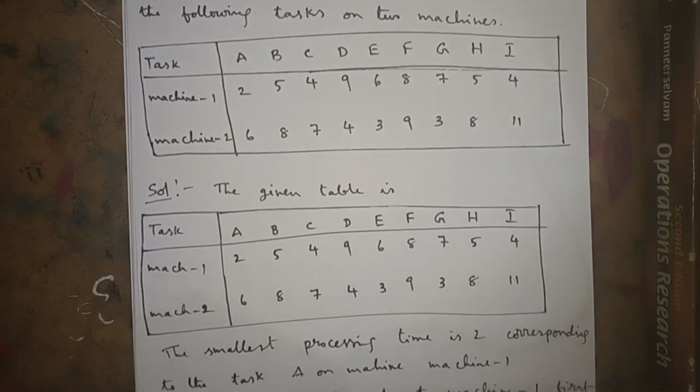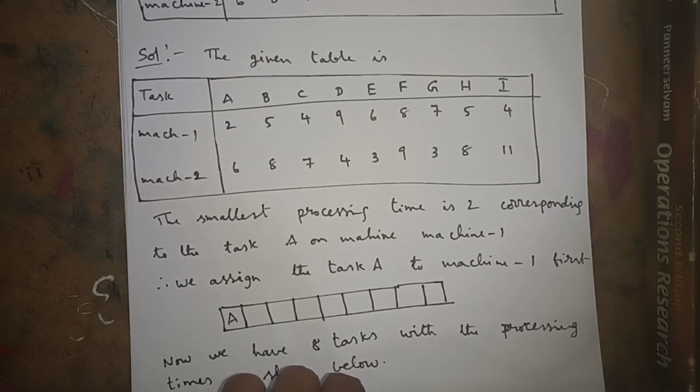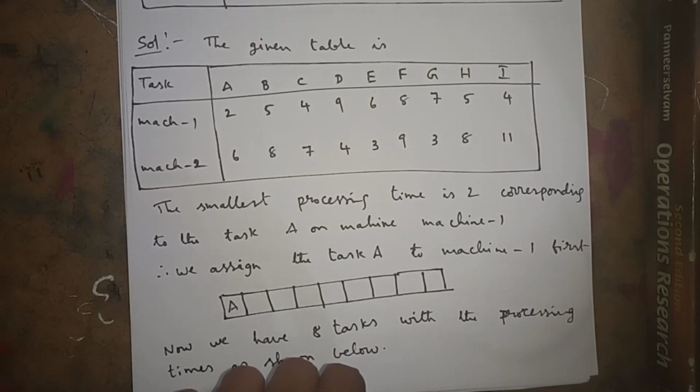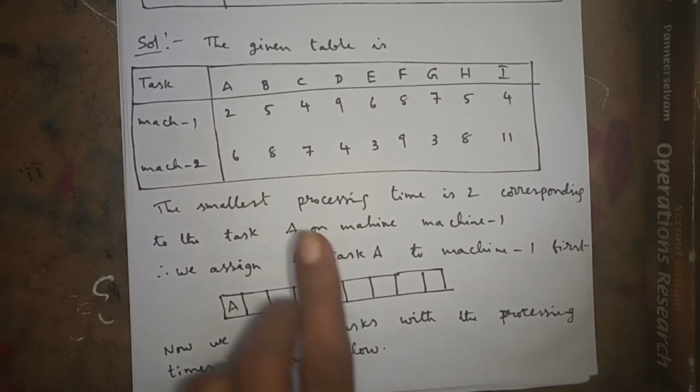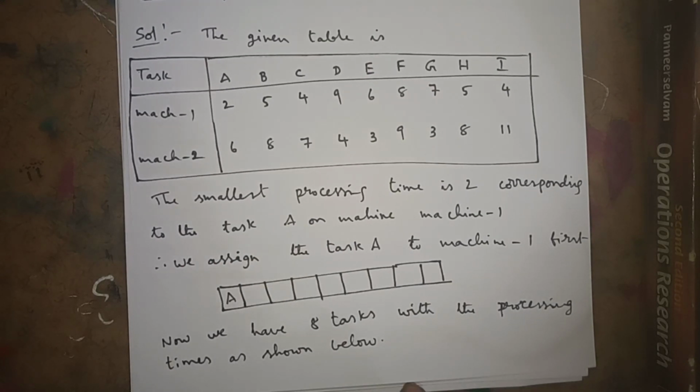Now this problem I did in the lengthy method like this, just go through it once. After that, how to do it in the shortcut method, I have given a detailed explanation. Just go through this detailed explanation once. After that I will explain the very short shortcut method. You can go through that also.